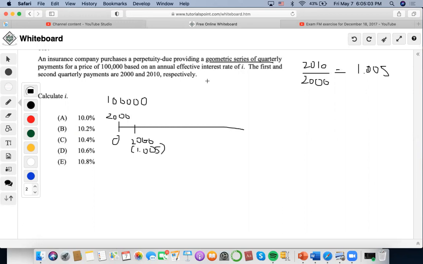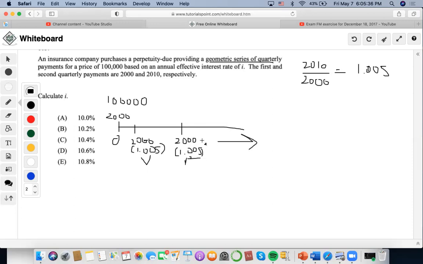Since we're trying to form a geometric series, we multiply the payment occurring afterwards by the growth rate of 1.005. We also have to discount it since it's a present value concept. The next term is going to be 2,000 times 1.005 squared times v squared, right? And this series is just going to continue on.